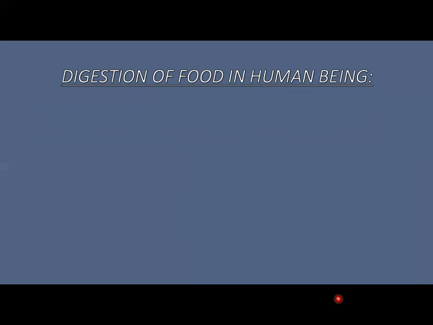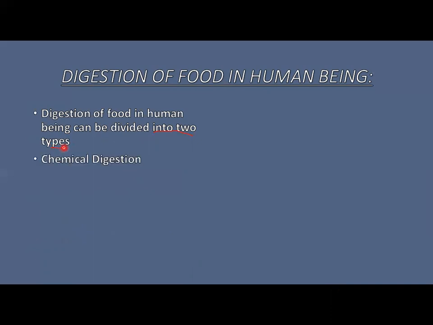Now look at here. If we talk about the digestion of food in human beings, it can be divided into two types. There are two types of digestion in human beings. Number one is chemical digestion, and number two is mechanical digestion. Now what are chemical and mechanical digestion?